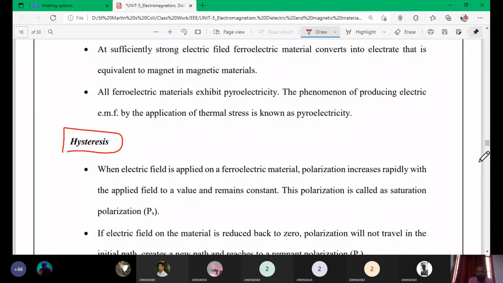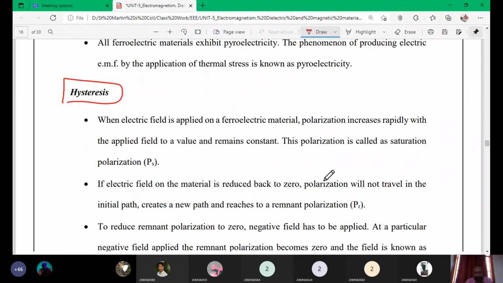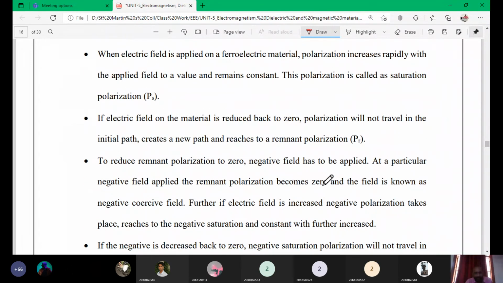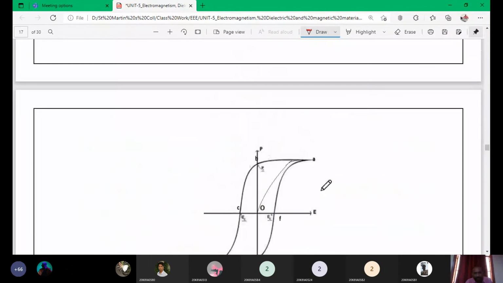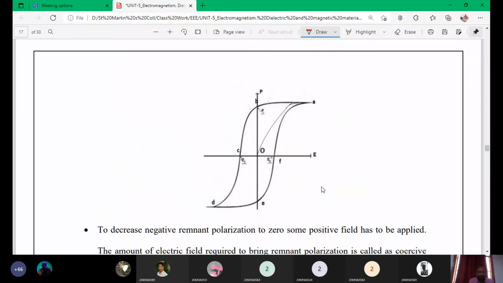Hysteresis behavior means, when we get polarization, generally when you apply some external electric field, that is the main work we are doing here. What is happening here? See this. You have a dielectric material and you are applying an electric field.